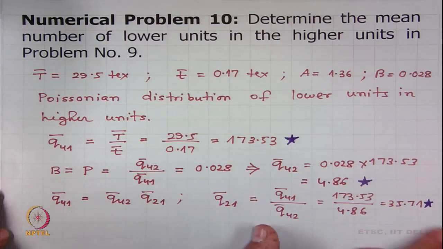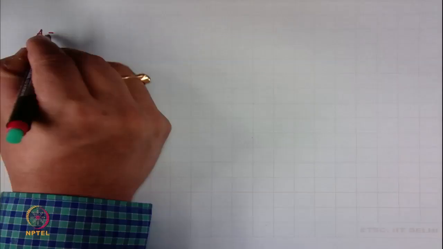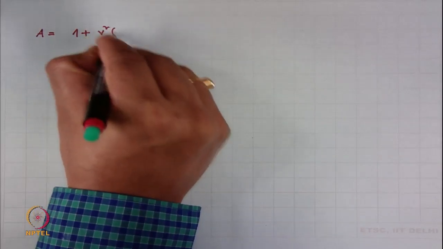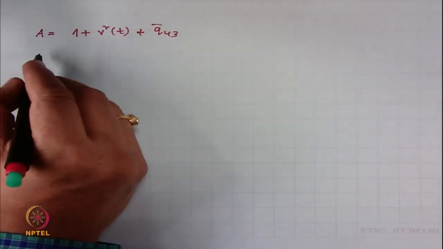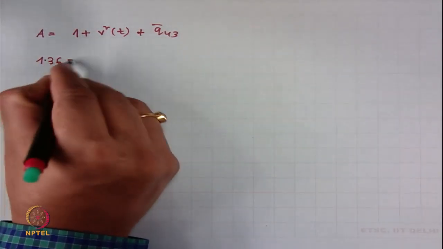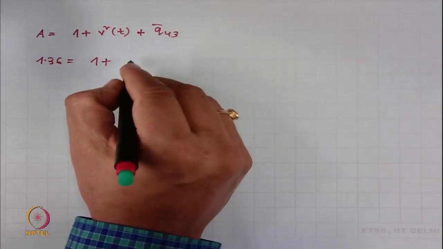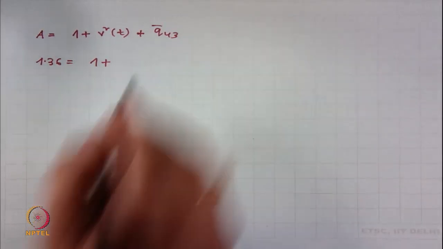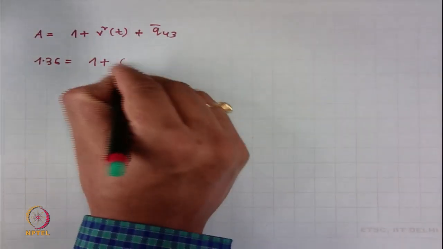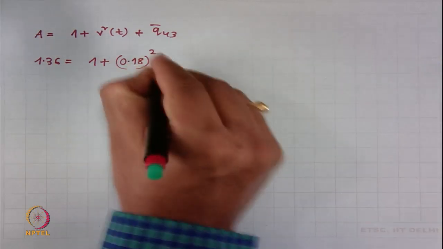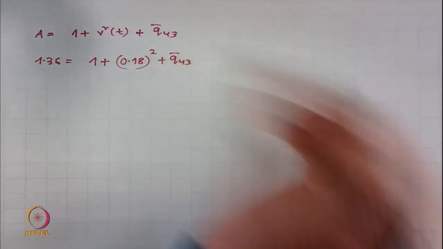Then we use this expression A is equal to 1 plus V square t plus Q 43. Now, A is given, A is your 1.36, V square t is also given in this problem, 0.18 plus Q 43.